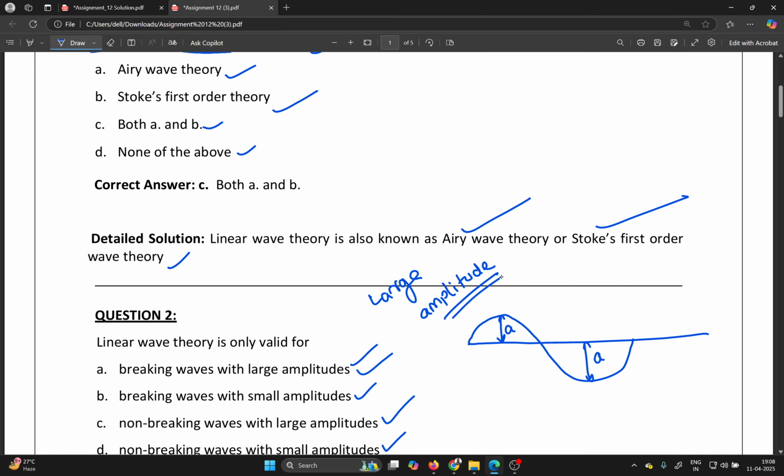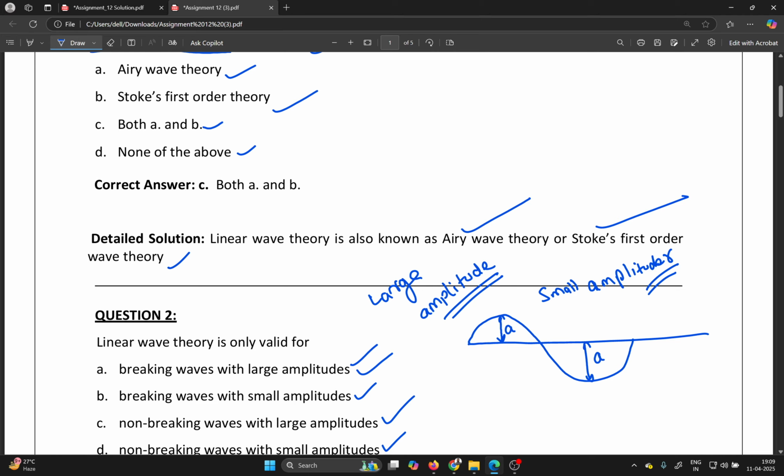You have some definitions for large amplitude and small amplitude. Sir discussed this in the NPTEL lectures, so please follow all the lectures of week 12 so you can understand the terminology. Otherwise it is very difficult to understand whether the amplitude is small or large.